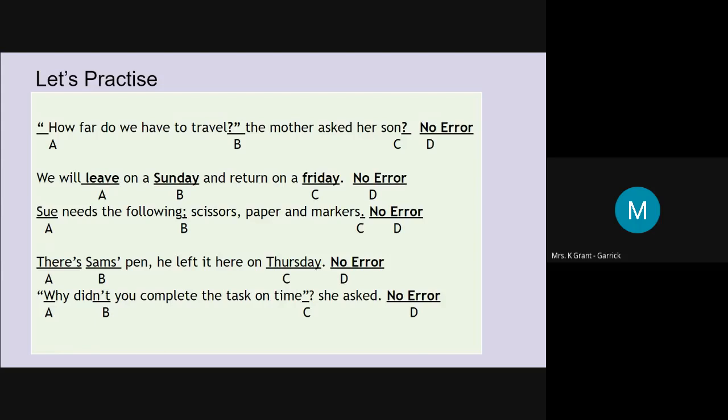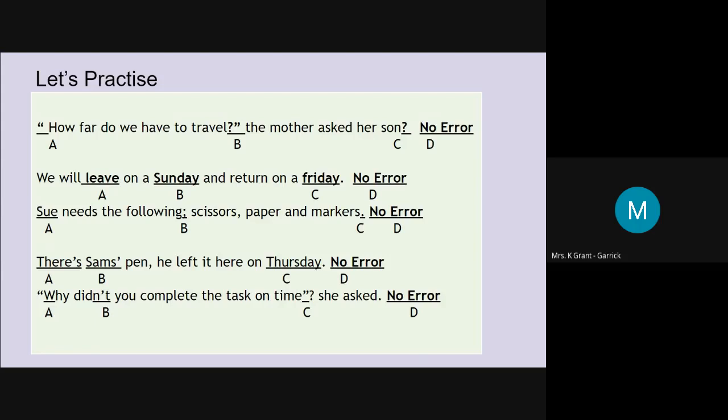Now, look at the last item here, and the focus seems to be on the capital letter, which is where A is under, the contraction, which is where B is under, the use of the final quotation mark, which is where C is under. And there's an error in that sentence. So where would you place the error in punctuation there for the final item?